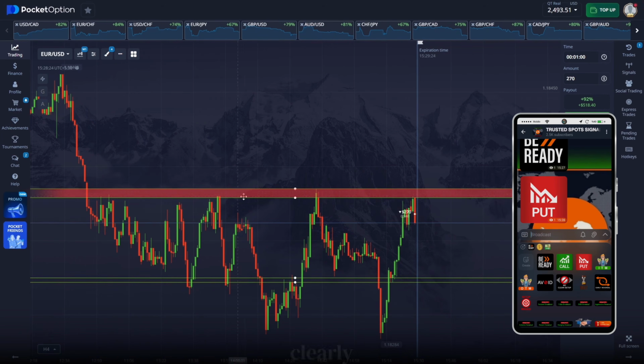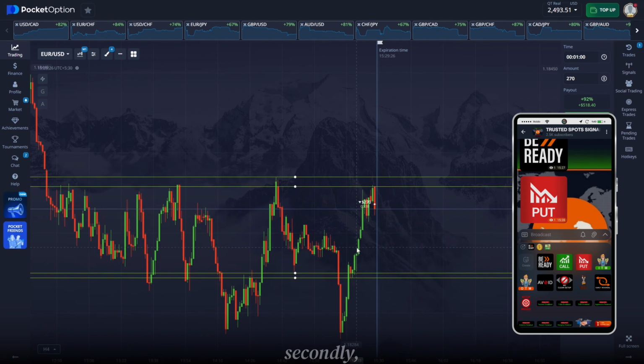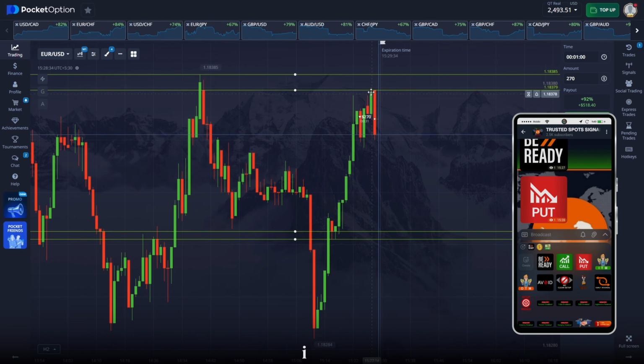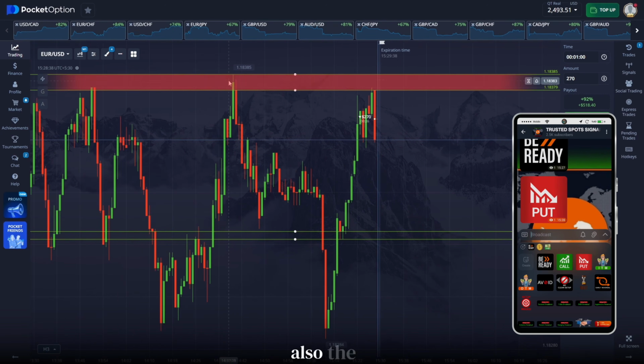It's a major clearly visible selling zone. Secondly, as the price was moving strongly in the upside direction without any retracement, a reversal was required. I was waiting for the price to hit this zone exactly because previously also the price reversed very strongly from the same zone. So I was expecting a similar reaction.